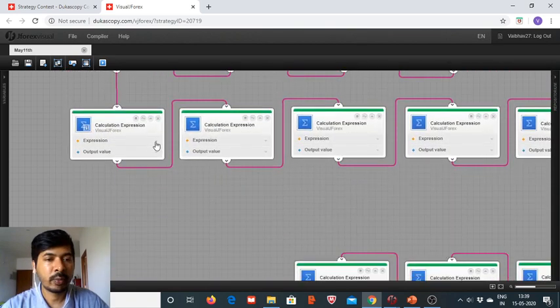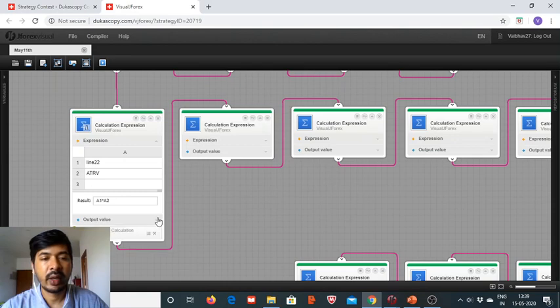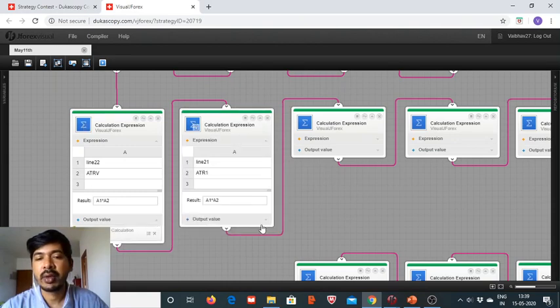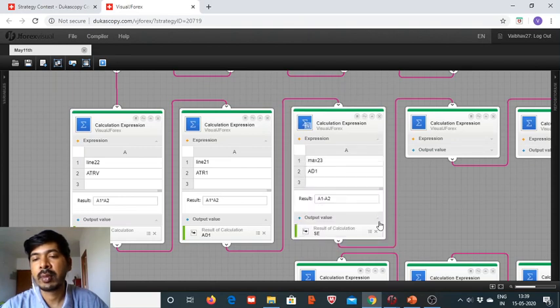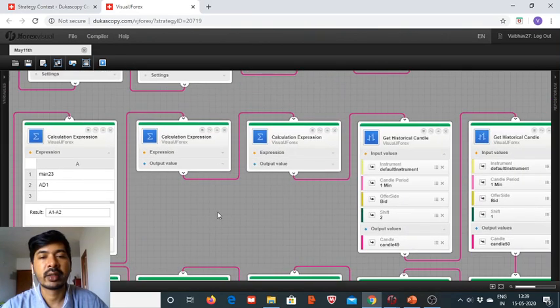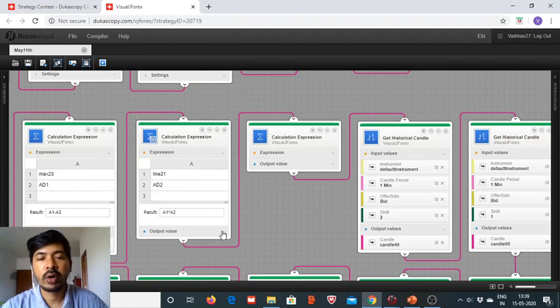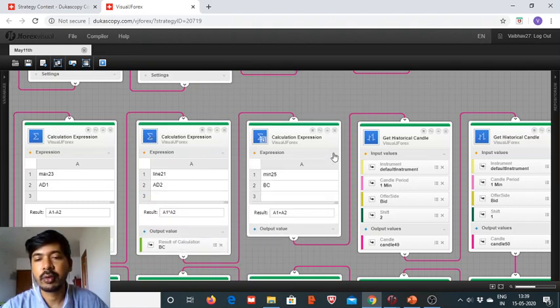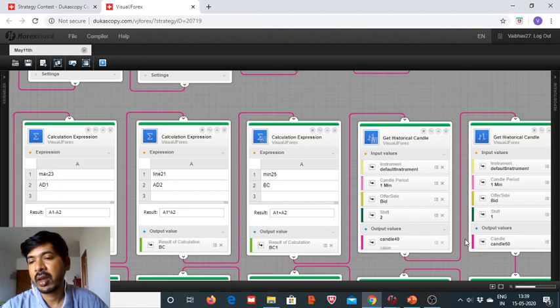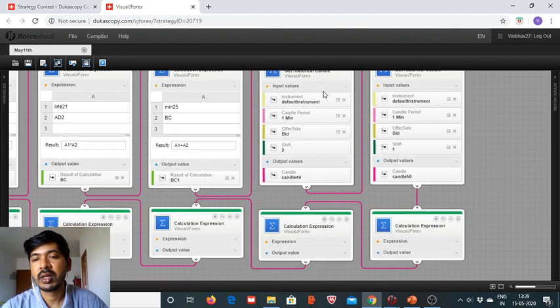Then we did a lot of calculations here, and today we won't need to tinker with much of the calculation. The only thing we might need to do is add some fresh blocks of the SMAs and define the values which we need, and that should be good enough.